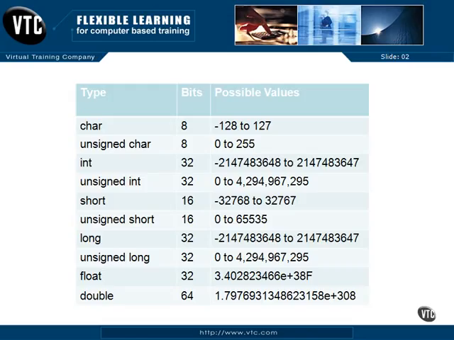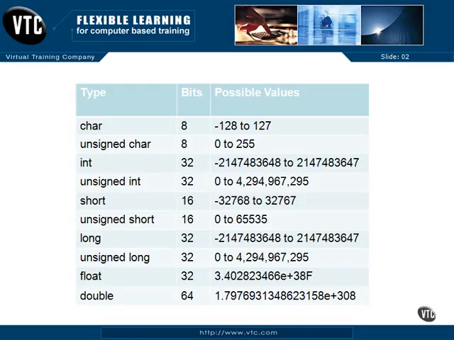An integer is 32 bits, and there you see the large negative number and large positive number. I'm not going to bother to try to read that number off to you. We only have so much time. There's an unsigned integer of 32 bits, and of course, being unsigned, no negatives, 0 to 4 billion and change. There's the short for 16 bits and the unsigned short for 16 bits, and you can see their values, minimum, maximum.